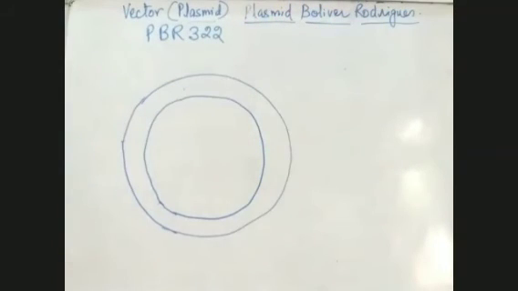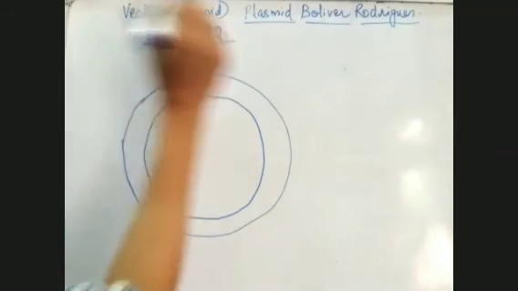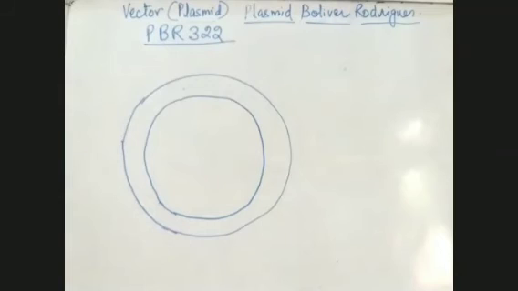These are the names of the founders who made it, who prepared it. And they made this artificial vector. See, in the field of biotechnology, taking out plasmid every day in research is difficult. So artificially, vectors have been prepared, and PBR322 is one such vector, prepared by Bolivar and Rodrigues. So the name given is PBR322.